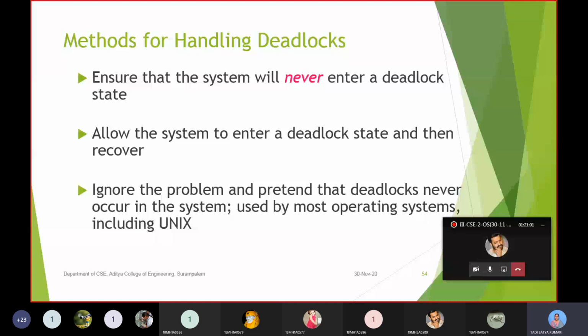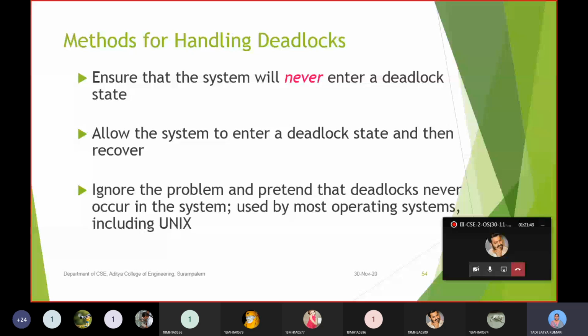There is no mechanism to handle deadlocks, and no prevention or avoidance mechanism. The system will enter the deadlock state, and the operating system will just ignore it and continue execution as if no deadlock ever occurred.